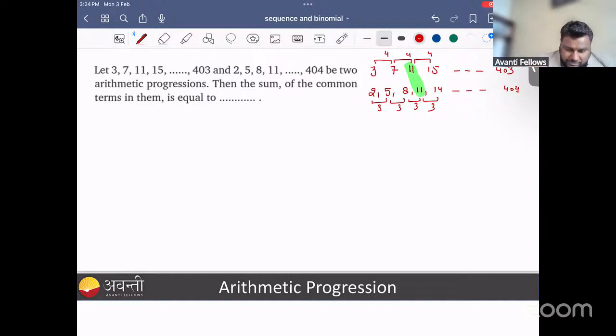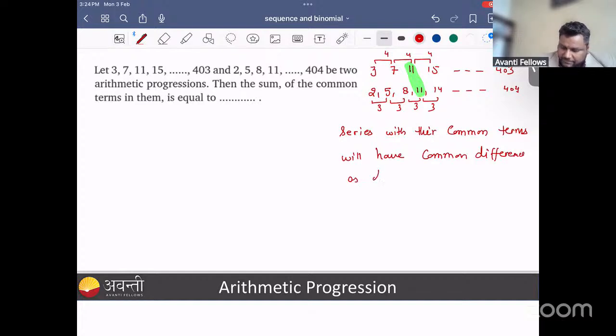So the series with their common terms will have common difference as LCM of 4 and 3, that is 12.